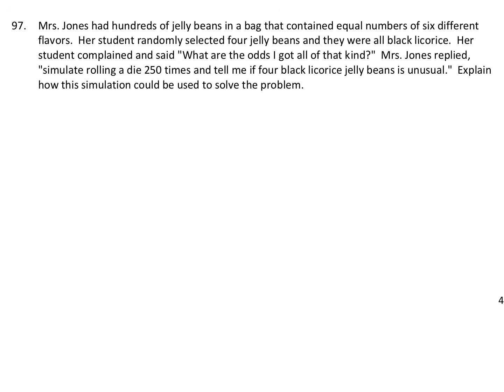Okay, so basically she wants them to use a simulation of rolling a die and apply it to how that could be used to explain whether or not it would be considered unusual to reach into this bag and select 4 black licorice jelly beans. All right, so hit pause, try it out, see what you think, and then we'll talk about it.